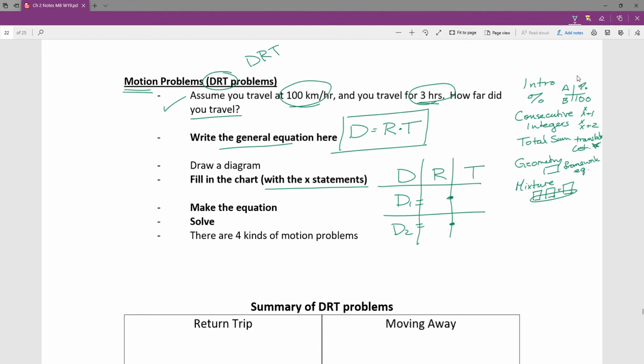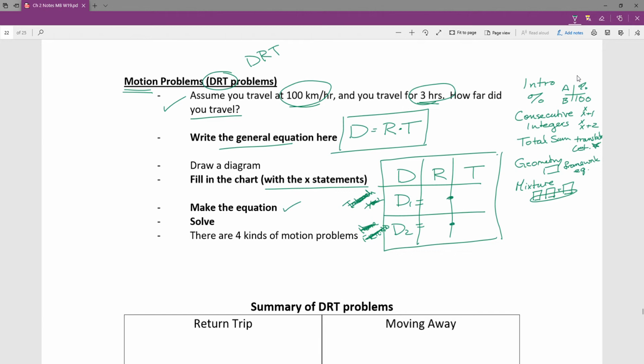So maybe this is the trip to the beach, and this is the trip home, right? Or maybe this is the distance you travel, and this is your friend. We're going to have different scenarios with these, which I'll outline, but the key to them is this chart. As with the other charts, it's a way to represent your let statements, and also a way to build your equation. We're going to build our equation from that chart and then solve.